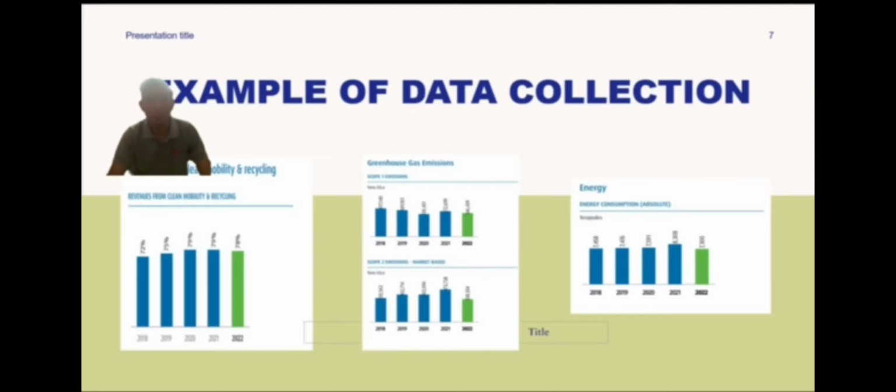So for the next slide, this is an example of collecting data for Umicore, where they are using a histogram graph for the data they have gotten from the first step that I talked about before this.